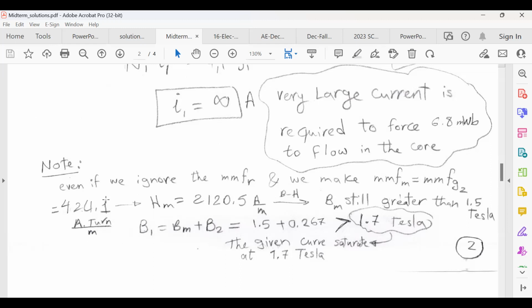But you can confirm that the current is impossible and infinite by using just the flux from the two. And if you add this, you will again reach an extremely large value. So it's almost impossible to have this value.